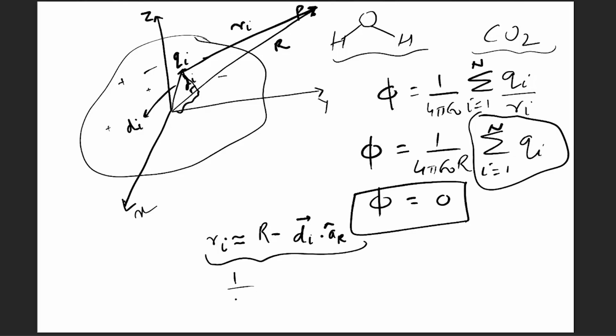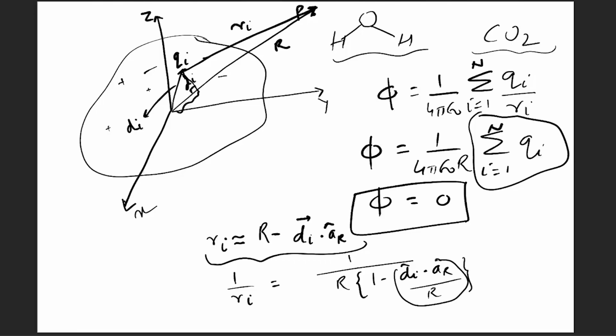So what will be 1 by Ri? It will be 1 by R times 1 minus di dot ar over R. Now, since this quantity is smaller than 1, I can use the approximation 1 by Ri is equal to 1 by R times 1 plus di dot ar over R.